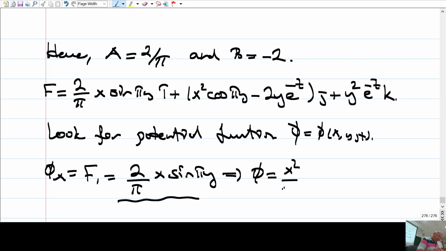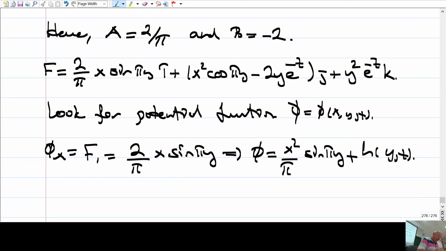I am taking the integral with respect to x: x squared over pi sine pi y plus a function of y and z. What is this function? Well, this function is to be determined.